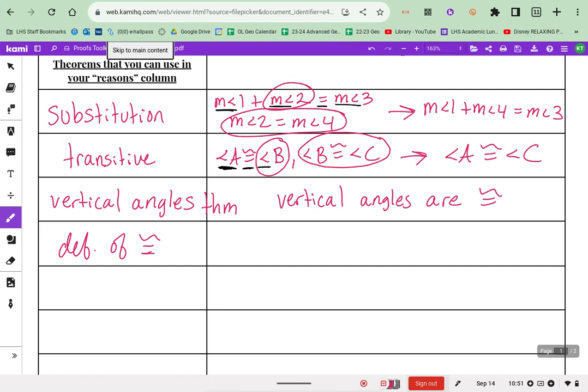So the definition of congruent says, if angle 1 is congruent to angle 2, then, so I'm going to draw an arrow, the measure of angle 1 equals the measure of angle 2.